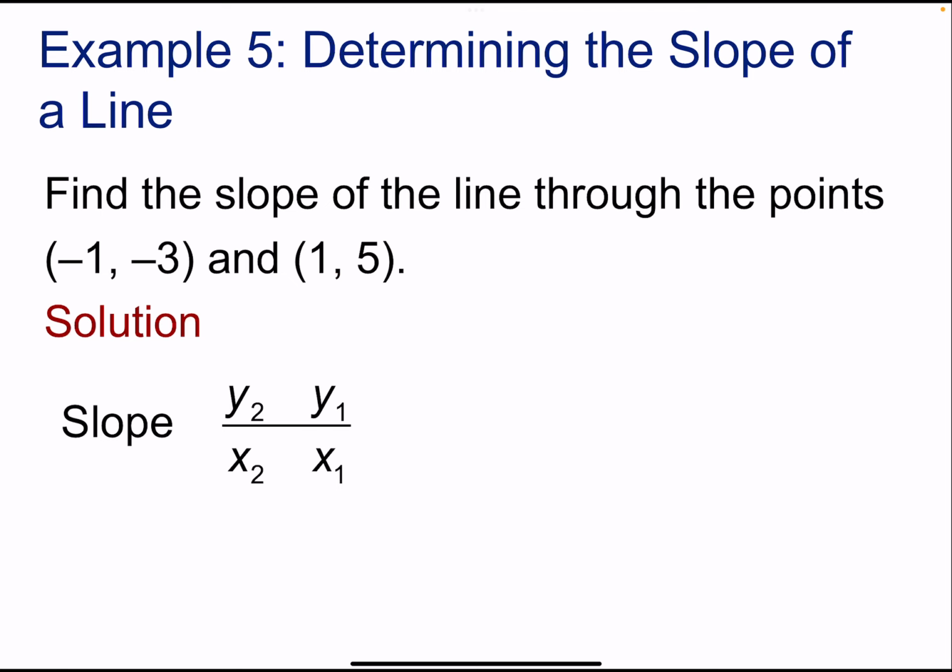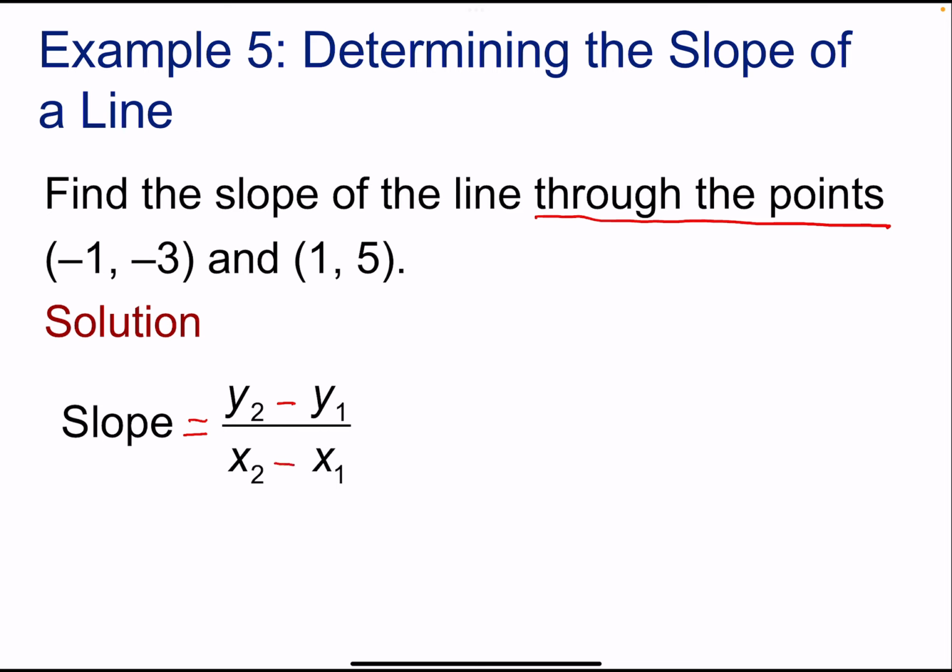All right, so let's find the slope of a given line going through 2 points. Well, you can plot the 2 points and plot the line, and that is fine. But you can directly calculate slope equals y2 minus y1 divided by x2 minus x1.